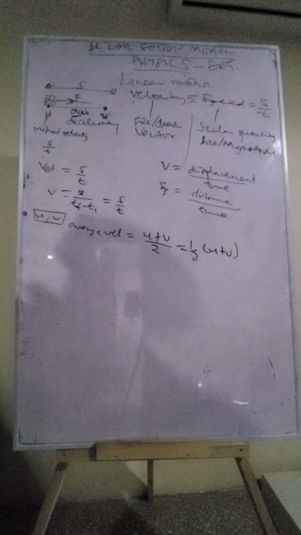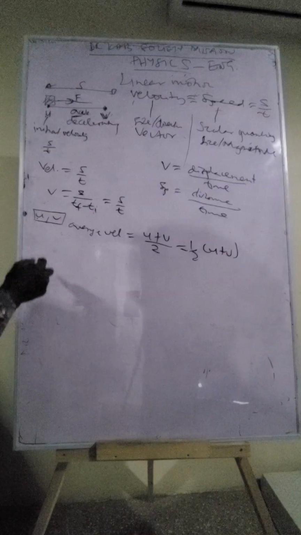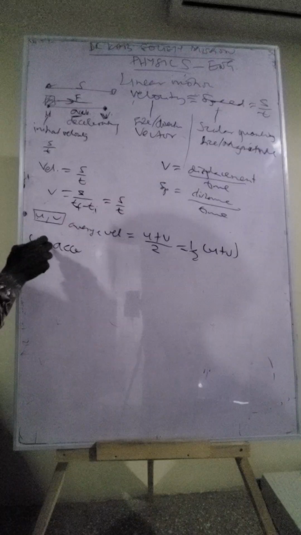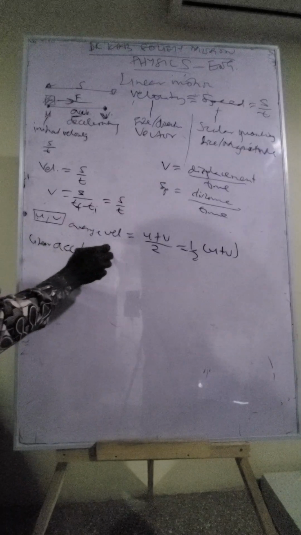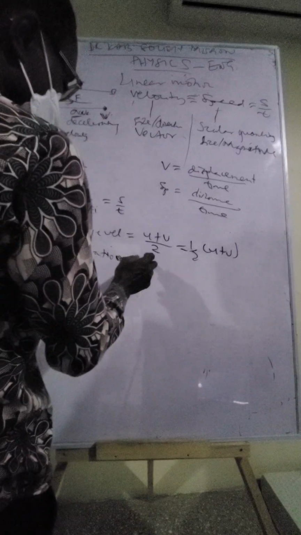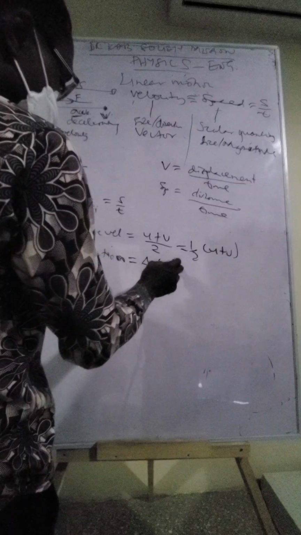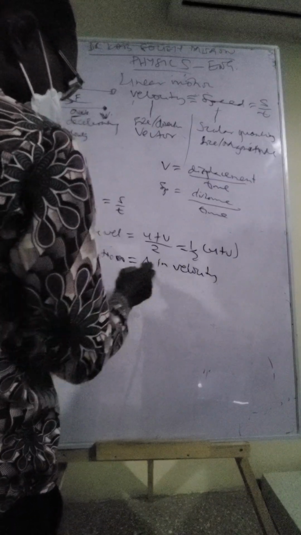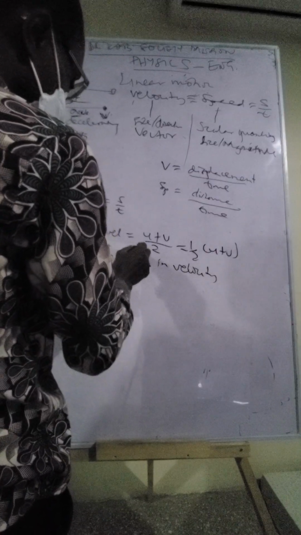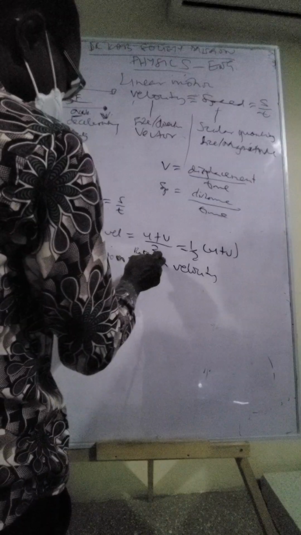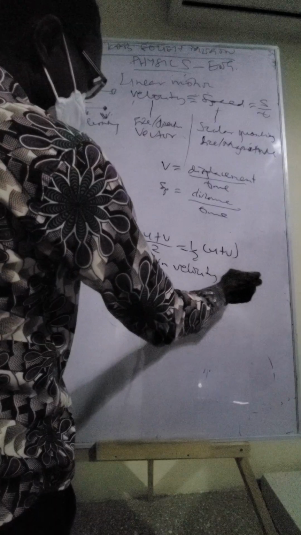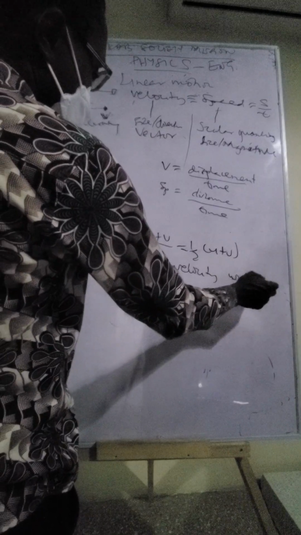Now, let's move a little beyond that. Let's come to, by definition, acceleration. So this is linear acceleration. Linear acceleration, we said, is the change in velocity, or the rate at which velocity is changing. Rate of change of velocity. Once we say rate, it means we are looking at it with respect to time.